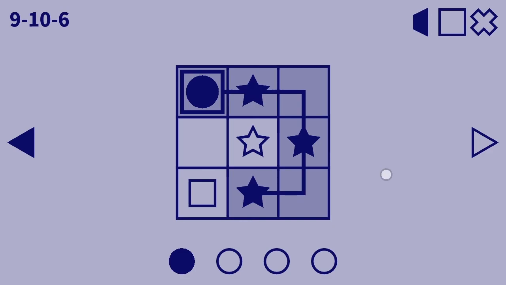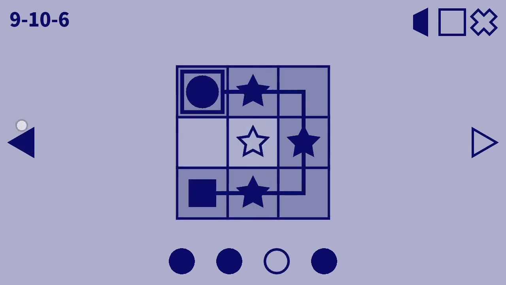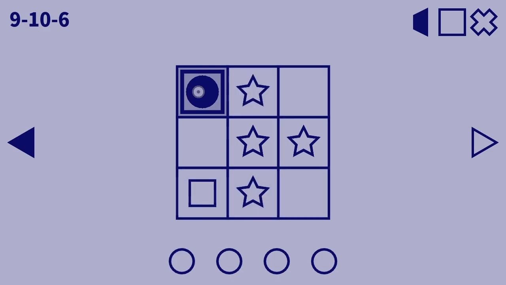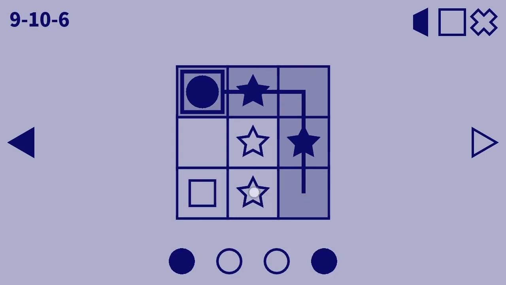Without the square in there, it's not satisfied. The fourth rule. It's not like I'm adding a corner or anything.